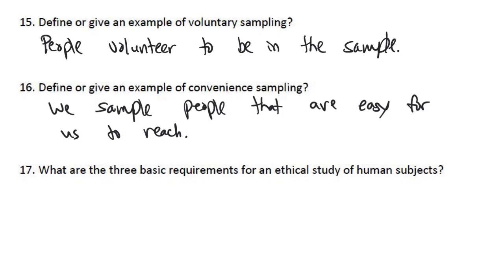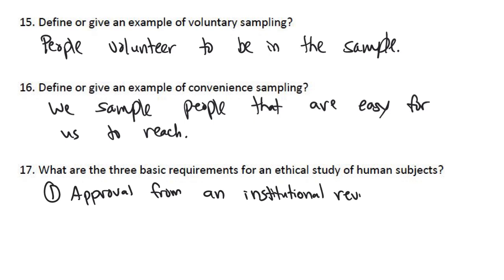All right, number 17 wants to know what are the 3 basic requirements for an ethical study of human subjects. So there are 3 requirements. The first is that you get approval from an institutional review board.